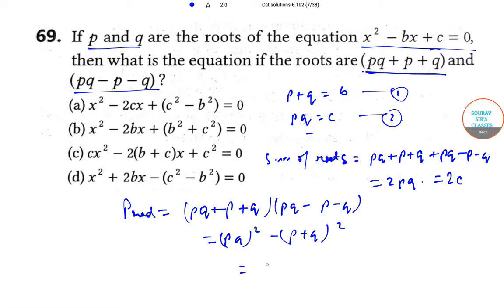Now pq is equal to c and p plus q is equal to b. So c squared minus b squared. Therefore the required equation is x squared minus sum of roots into x. So sum of roots is 2c. So minus 2cx plus product of roots. So plus c squared minus b squared is equal to 0. That is option A.